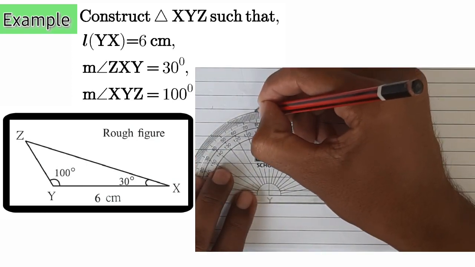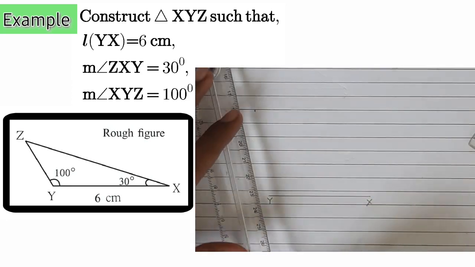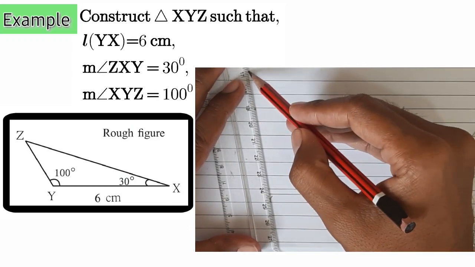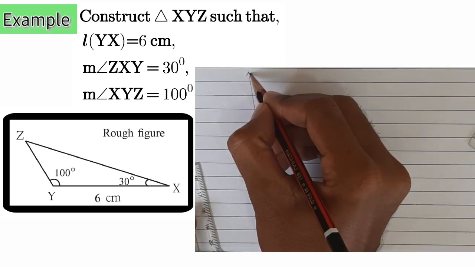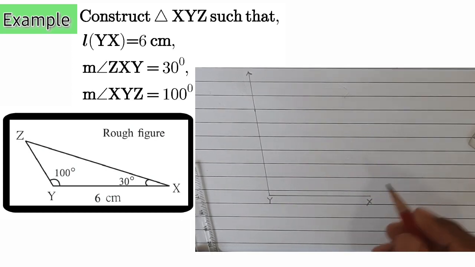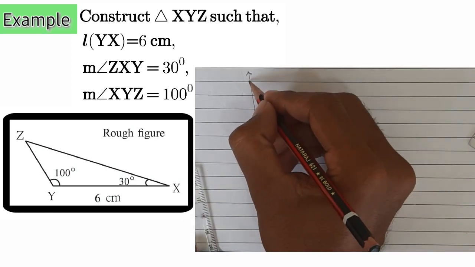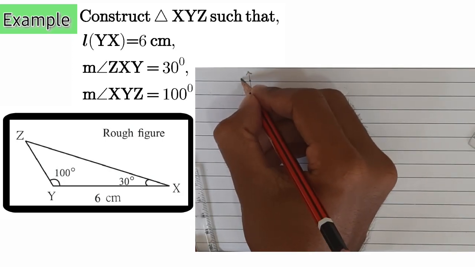Let us mark here and join the 2 points to draw a ray. So here we have drawn an angle of 100 degree at point Y. Let us take a point on the ray and name it as R.